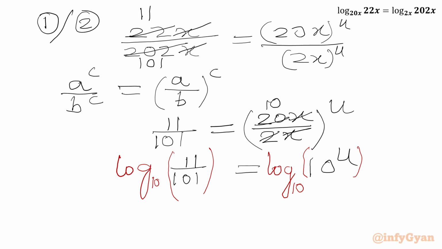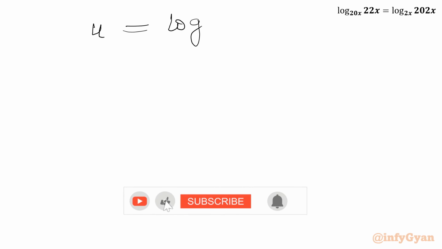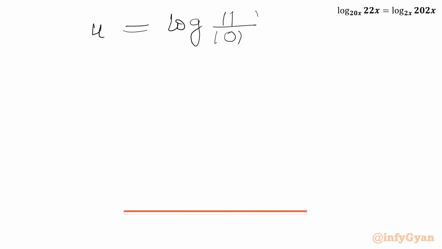Now we are going to take log both sides with base 10. Now we will use another log property: log a power b with base a will be equal to b. So the right hand side would be u. So we are getting u equal to log 11 over 101.